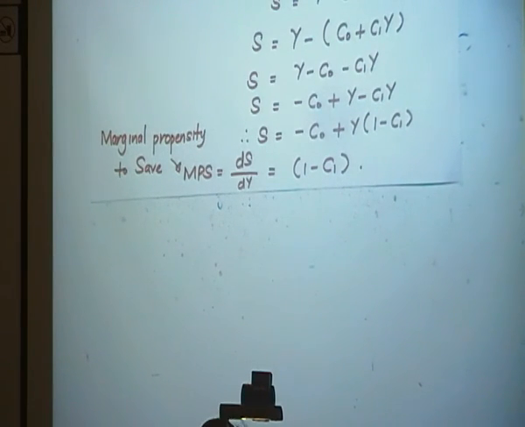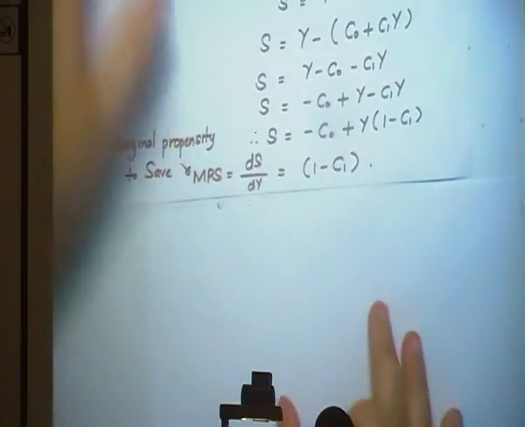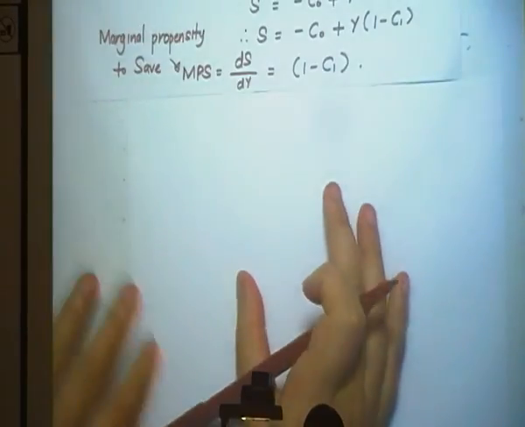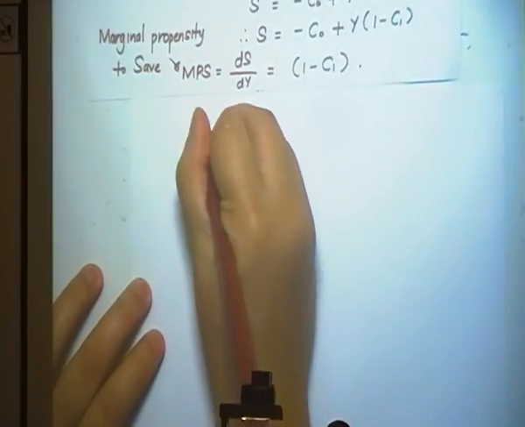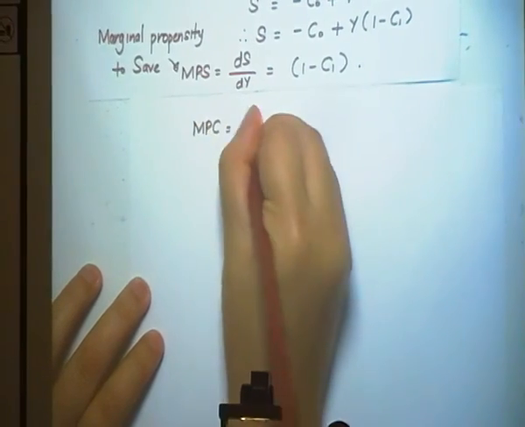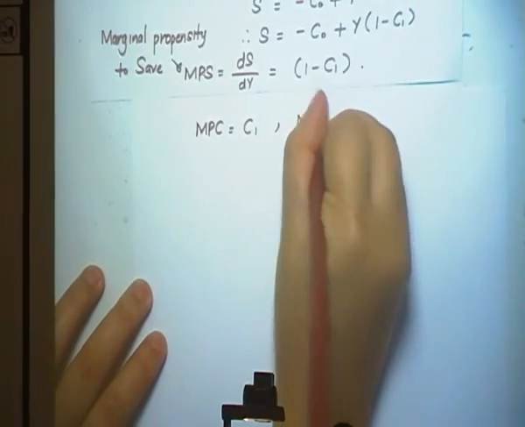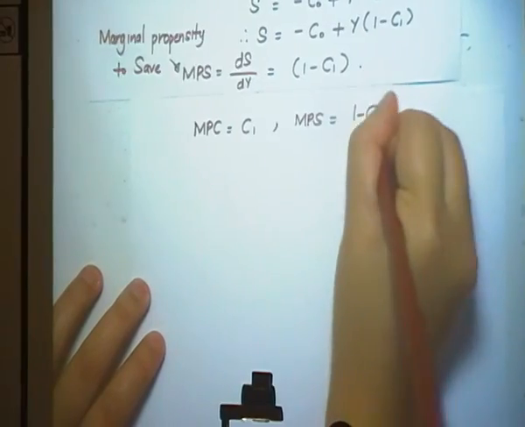If you look at MPS and MPC, you see a relationship between them, which is very important. What is the relationship? MPC is equal to C1. MPS is equal to 1 minus C1.